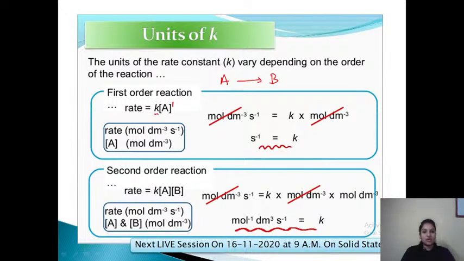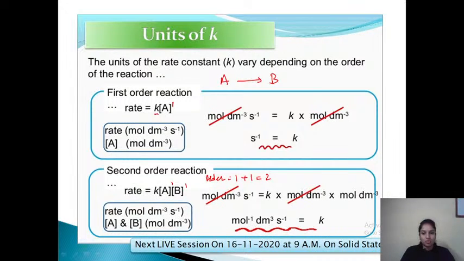Next, coming to second order reaction. Rate equals k, concentration of A, concentration of B. Here it is second order because A is raised to 1 and B is raised to 1. If you add these, the order of this particular reaction is 1 plus 1, that is equal to 2. Rate we know, mole per liter per second, and we need to find the unit of k.